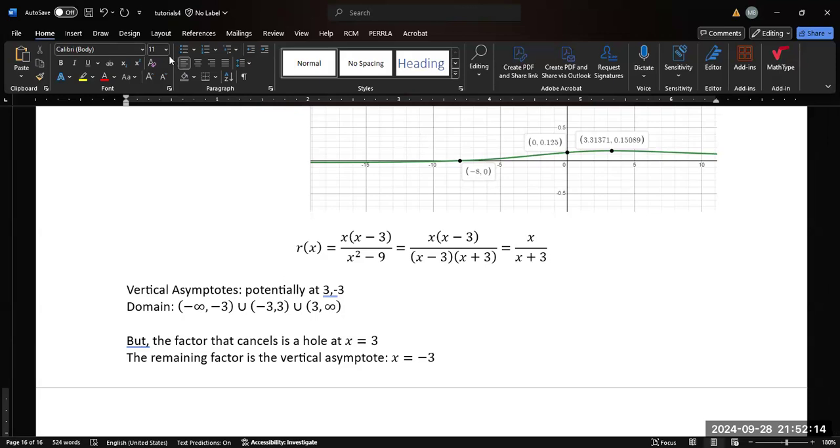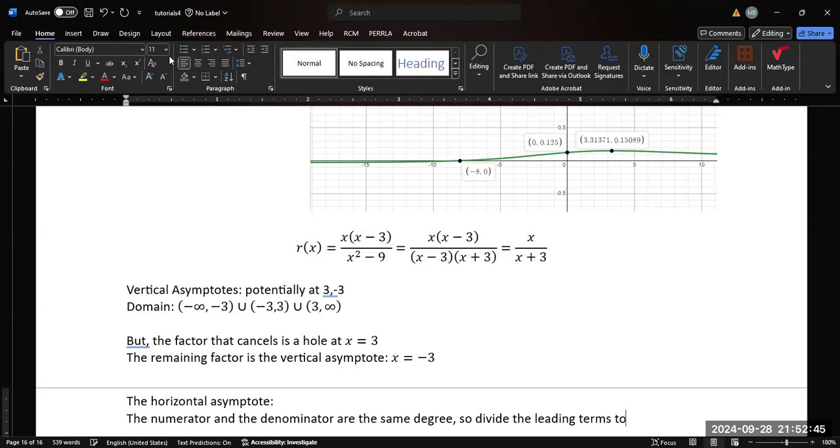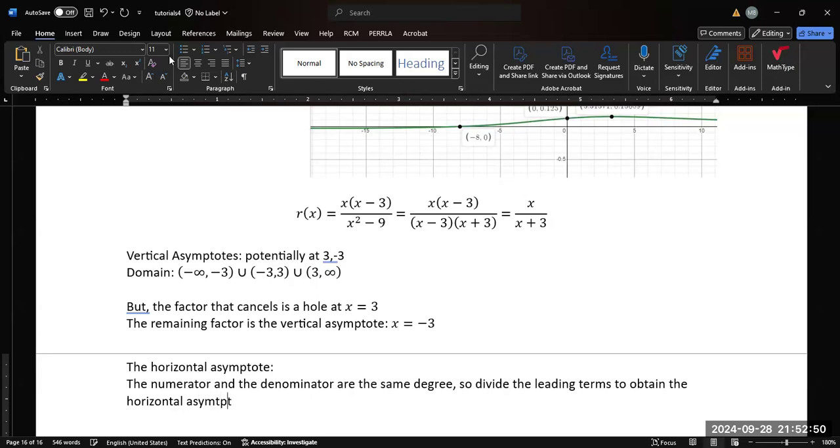Now we want to find the horizontal asymptote. Since the numerator and the denominator are the same degree, divide the leading terms to obtain the horizontal asymptote.